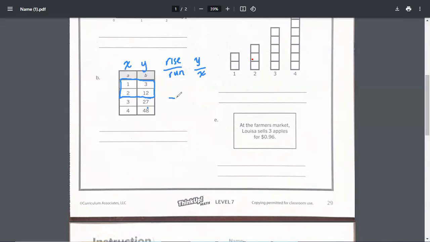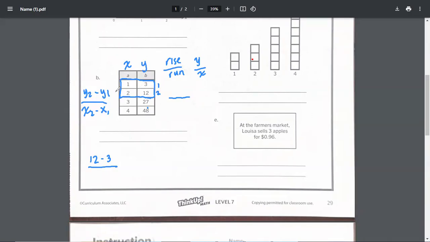Now, my change in Y is going to be me subtracting those two. That's the change. Y2, which is the second Y, this is row 2. This is row 1. Minus Y1, which is 12 minus 3. Over X2 minus X1. Just like I did Y2 minus Y1, then I'm going to come over here.